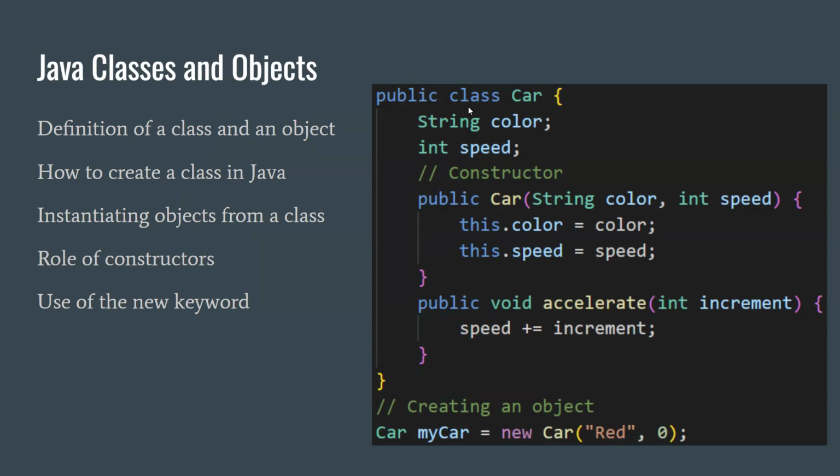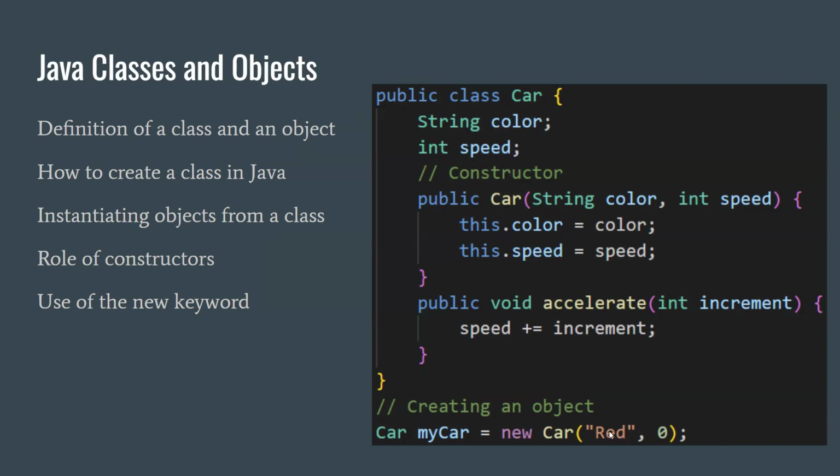So if we look at this example more, we can see that this car class is defined with two properties, string color and integer speed, and it has a constructor that initializes these properties when a new car object is created.